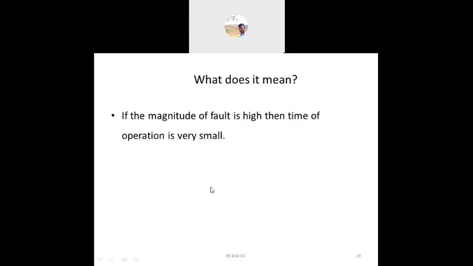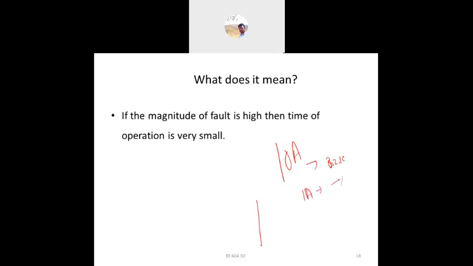So if the magnitude of the fault is high, the time of operation is small. That means if the fault current is 10 amperes, it should operate in below 0.2 seconds. If it is 1 ampere, it should take more time.